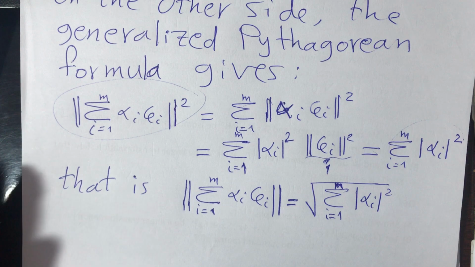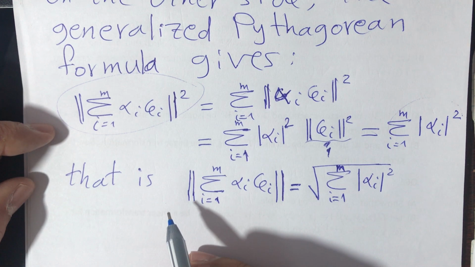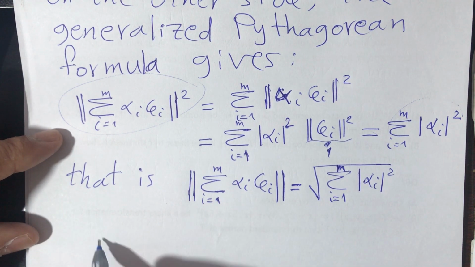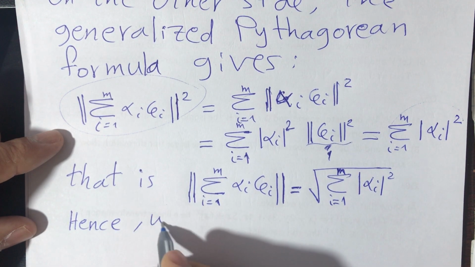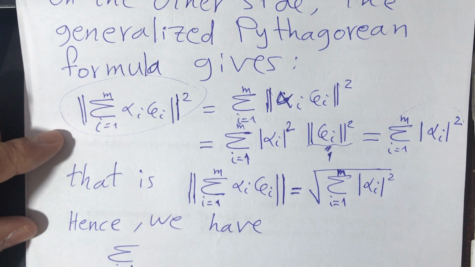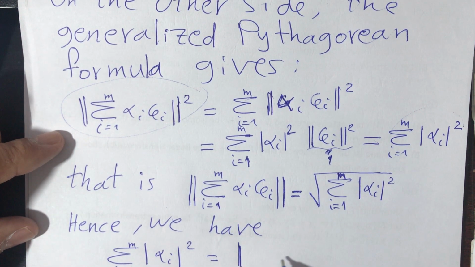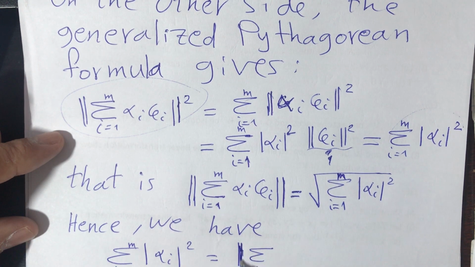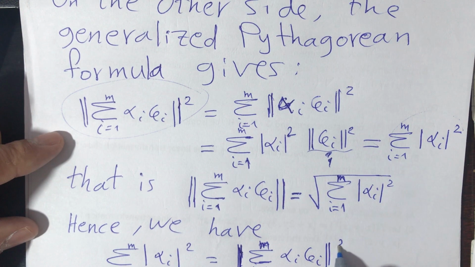Hence we have the summation I from 1 to m of alpha I squared is equal to the norm of the summation I equals 1 to m of alpha I phi I, squared.